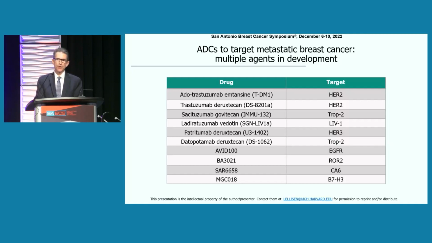Secondly, a review of mechanisms that have been identified in vivo for de novo and acquired resistance to ADCs. And then finally, looking ahead, thinking about what approaches we can use to systematically understand possible resistance mechanisms, to give us a head start in thinking about how we might sequence these drugs and how we might develop combinations to overcome resistance.